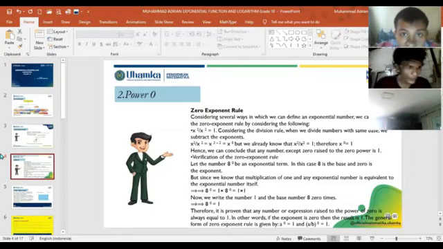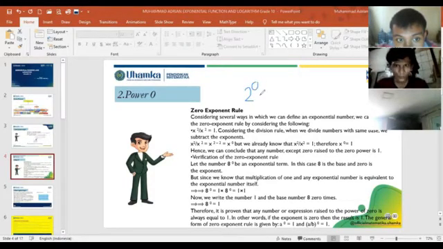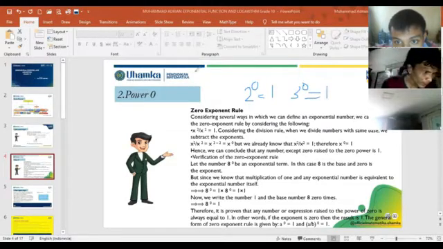So for example, 2 power 0 is 1. 3 power 0 equals 1.